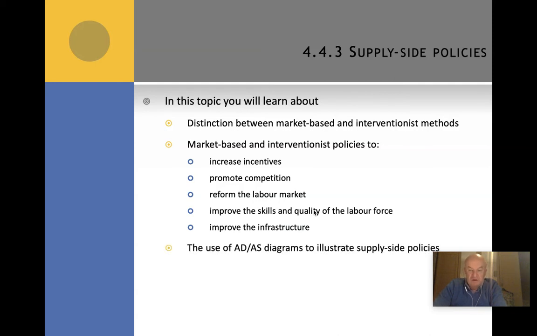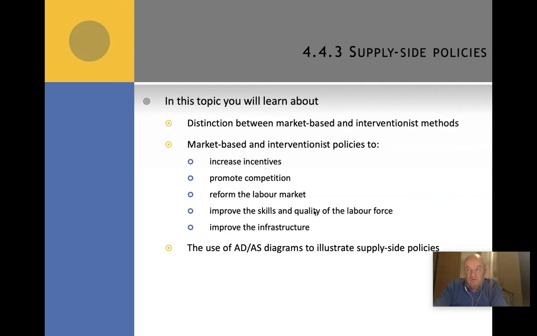And we're also going to look at the way in which we can show some of these supply side policies in terms of how they might affect AD or AS to show the way in which they might function and help to achieve certain changes. I suppose the supply side policies tend to factor on improving the factors of production.